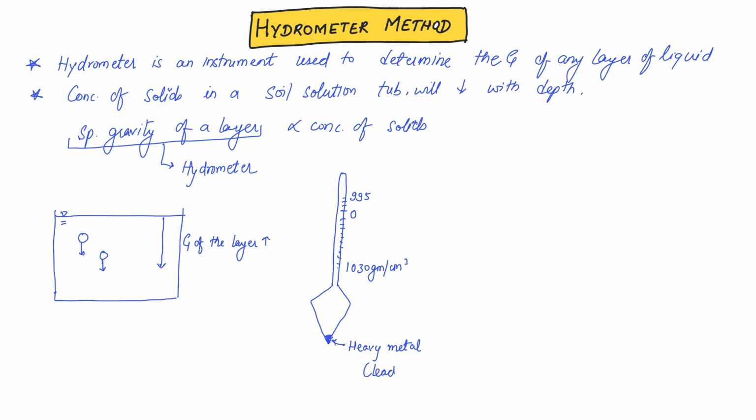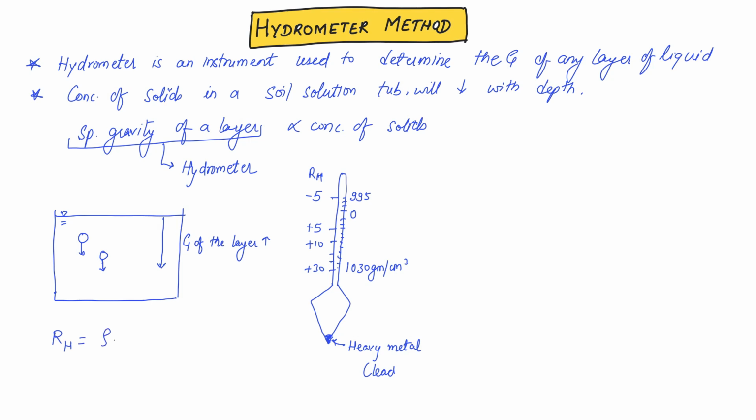But see here, the reading is not mentioned directly in terms of the specific gravity or density. It is mentioned in terms of some markings like -5, +5, +10, +15, +20, +30. So this is the reading of a hydrometer, and from here you can see that the reading of the hydrometer is related to the density of that particular layer of the liquid.